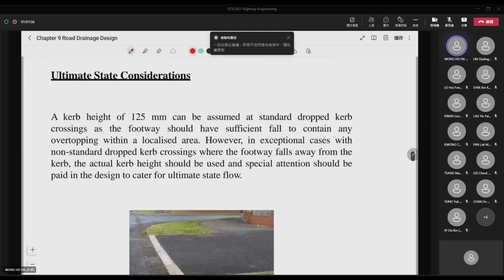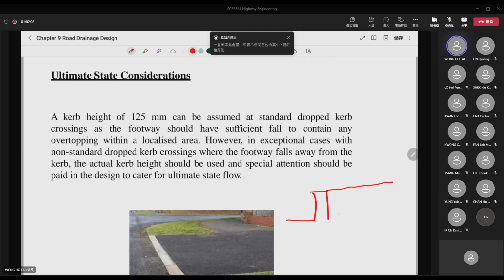So for the ultimate state consideration, as I mentioned, about overtopping, a curb height of 125 mm is basically a standard curb height right here. And basically, if you have a curb here, which is equal to 125 mm, it will have a fall to contain any overtopping within a localized area.